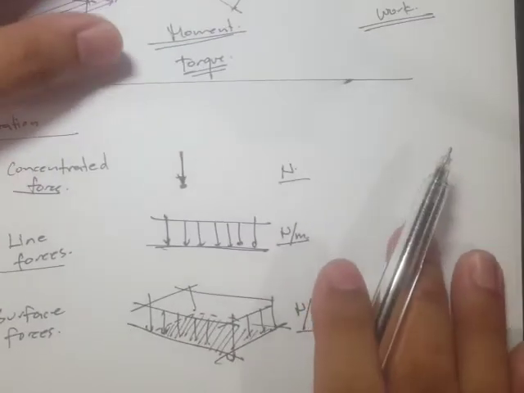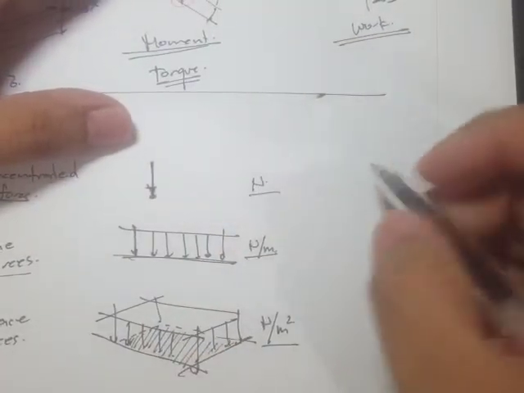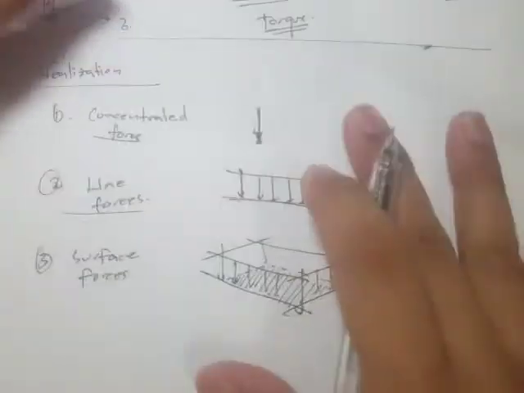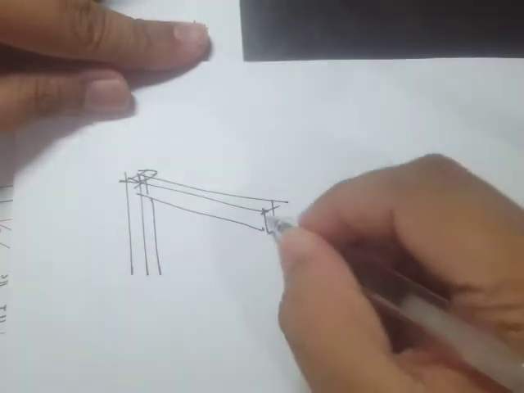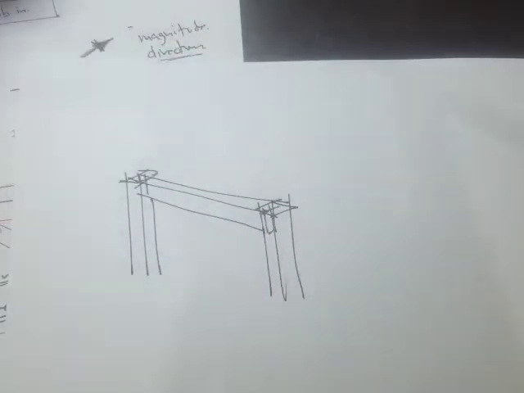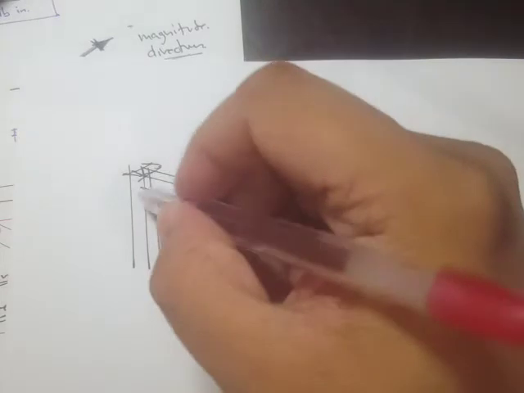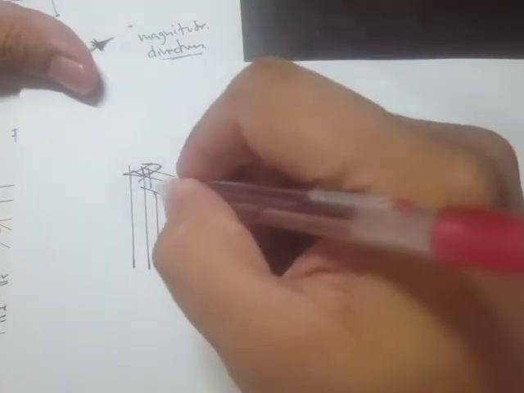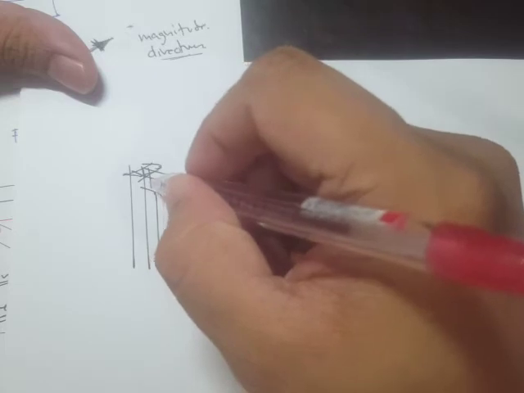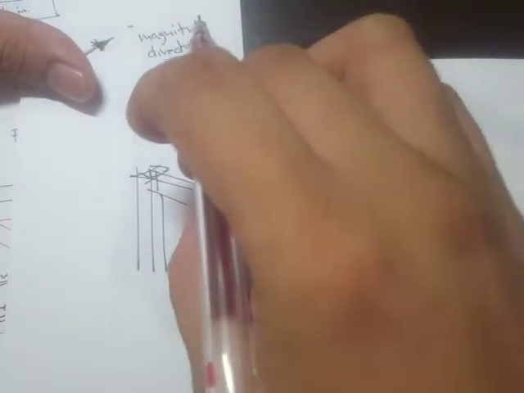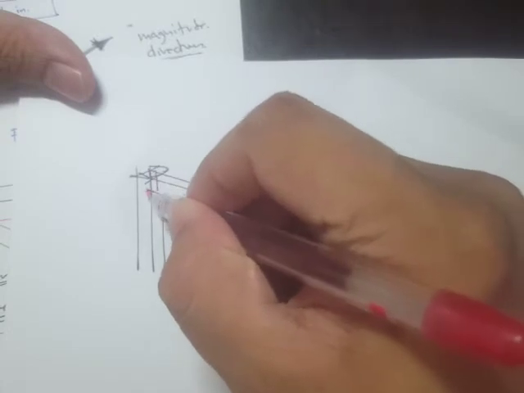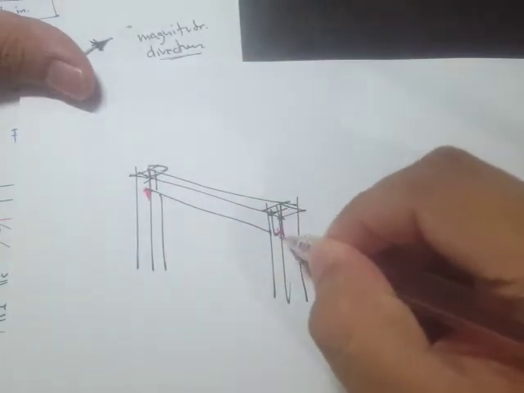For example, if we have a beam resting on a column, the support reaction of the beam is idealized as a concentrated force.